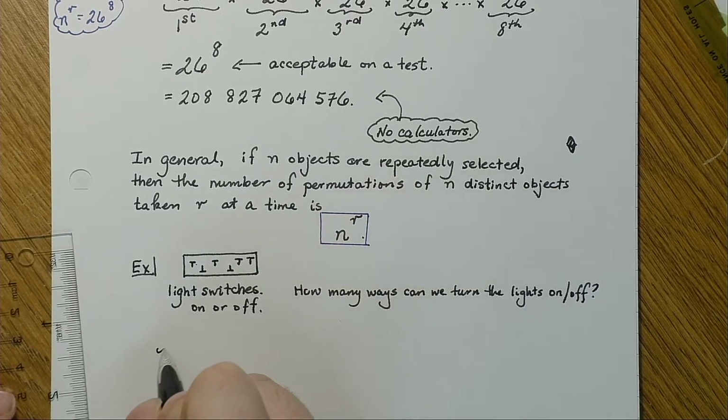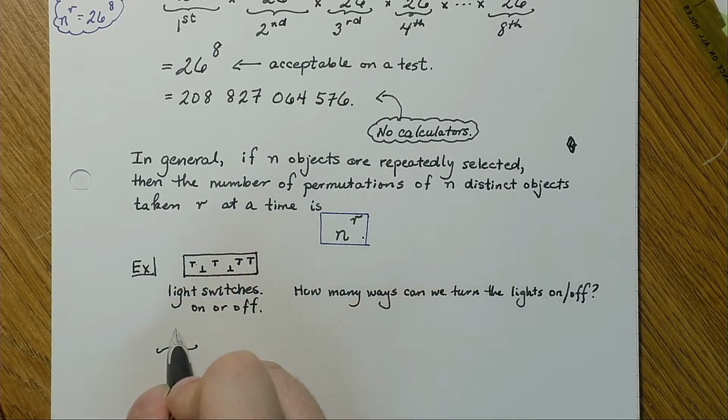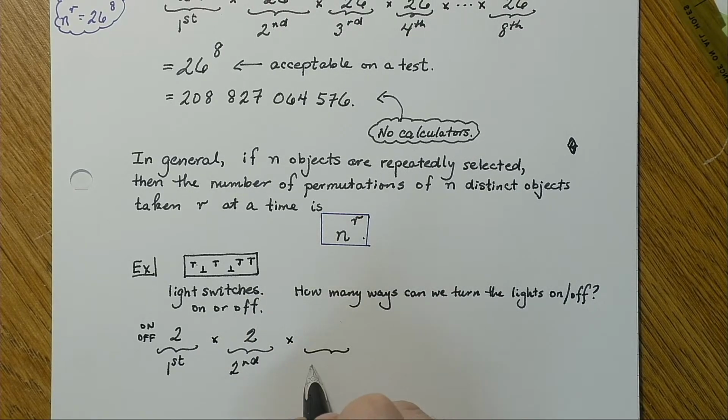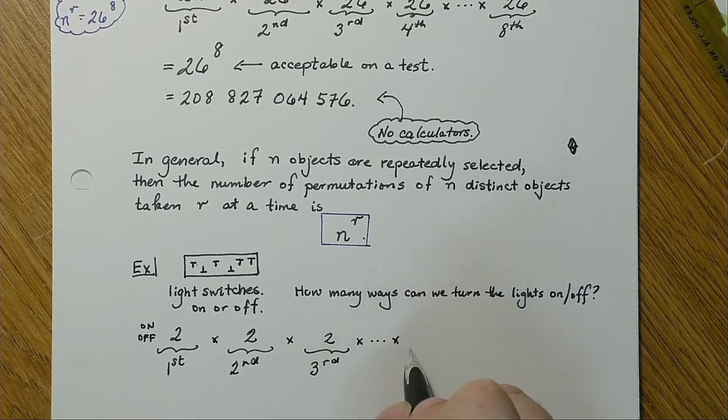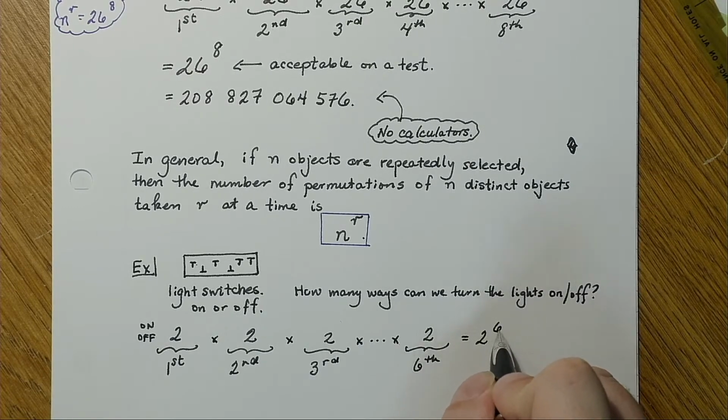Okay, so I think I see a good answer. For the first switch, there are 2 choices, right? It can be either on or off. For the second switch, again, on or off. For the third one, times 2. You can kind of see where I'm going with this. For the 6th one, again, it's 2. So that means it's 2 to the 6th.